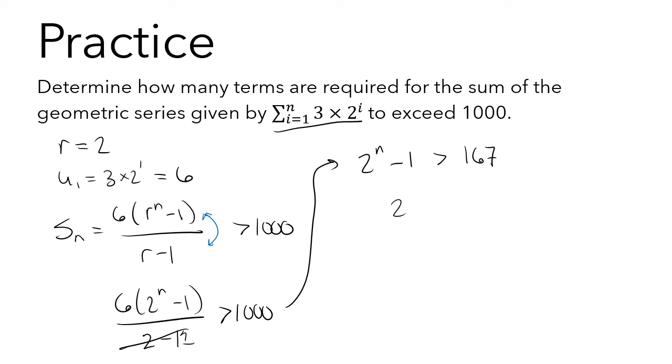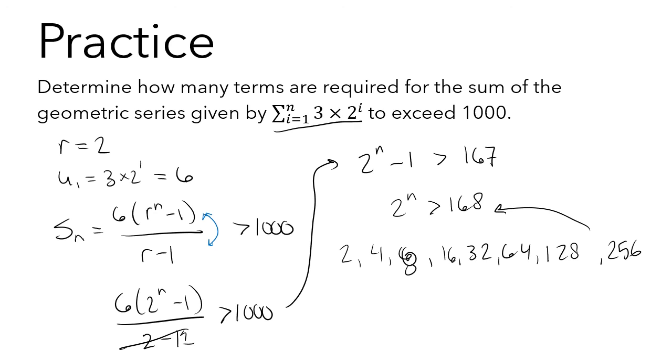Plus 1 on both sides, 2 to the n is greater than 168. So we want to figure out when this is true. The first one's going to be 2, then 4, then 8, then 16, 32, 64, 128, and then 256 is finally bigger than this number. So that's 1, 2, 3, 4, 5, 6, 7, 8. It took 8 terms.